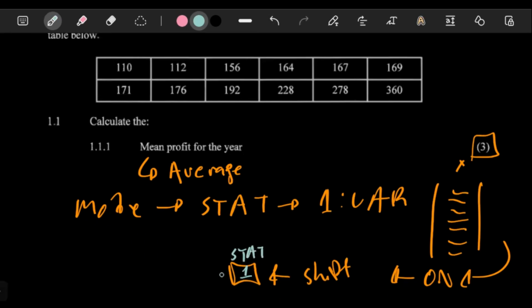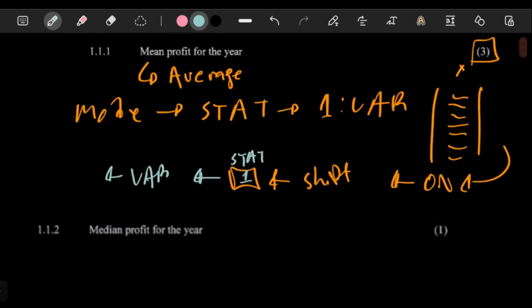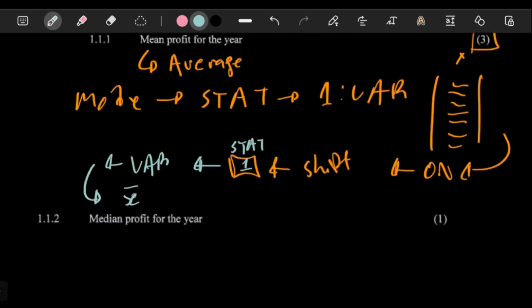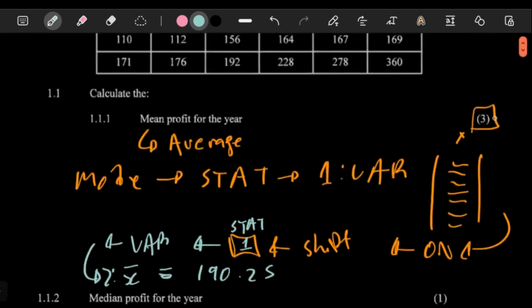This is if you're using the basic Casio calculator. Then you are going to press var, and click on the option with this symbol, which is going to tell you what the mean is. So our mean, which is our average for all this data according to the calculator, is 190.25.